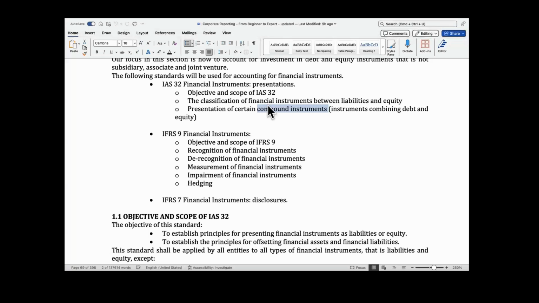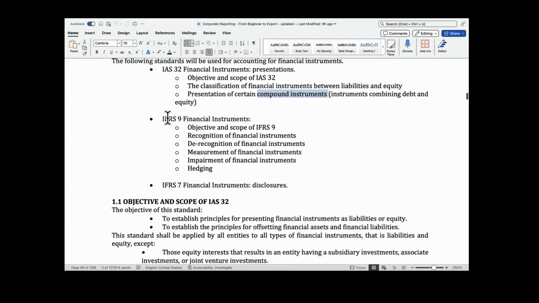So now, not today, next week, we are also going to be looking at compound instrument. Today, I'll also get to some part of IFRS 9 that deals with financial instrument recognition and measurement.